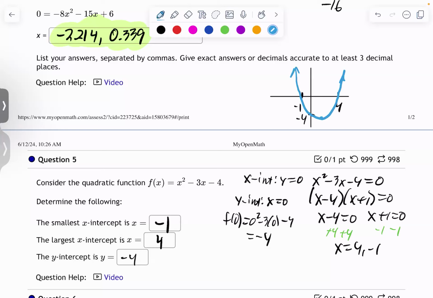And normally we would want to know what that point is, but at this point we don't, they're not asking for that information, but later we will learn a little bit more about that. And you can see it crosses the x-axis at the -1, the +4, and it crosses the y-axis at the -4 down there.